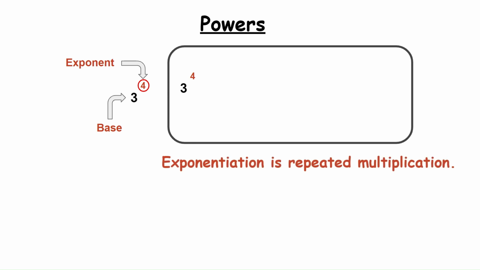So what that means is, in this case, we're going to take the number 3 and multiply it 4 times. 3 multiplied by 3 multiplied by 3 multiplied by 3 is the expanded version of 3 to the 4th power. So 3 along with the exponent 4 is known as the power. 3 times 3 times 3 times 3 is the expanded version of that power.